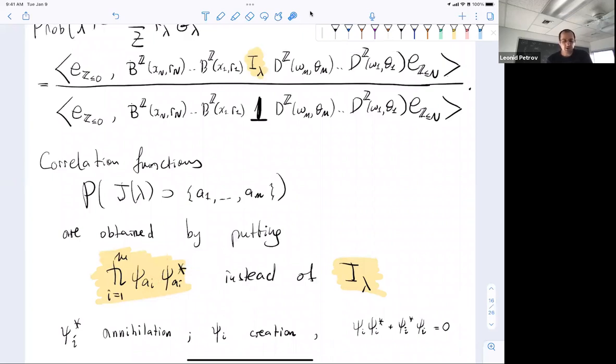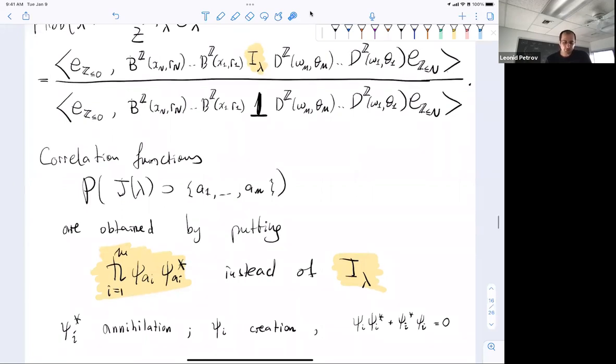Maybe I want to take annihilation to the right so that I annihilate something here, and maybe I want to take creation to the left so that I create something here, but then I need to hit it with a vacuum type vector. So that would be good. But now these D and B operators are pretty complicated. So it's really hard to compute individual psi's with the ABCD operators.